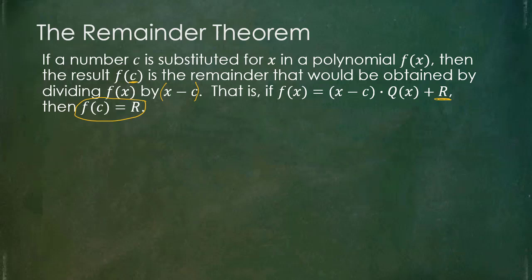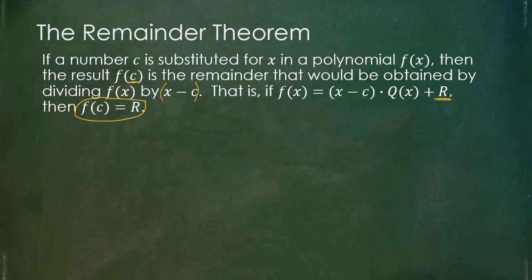Now when it's a large number getting plugged into something that has a very large power, oftentimes the numbers start growing and you'd have to use a calculator anyway, so it kind of defeats the purpose of using synthetic division. But we're going to practice a few, here as well as in your practice, so that hopefully it makes sense how we can still arrive at that final answer in a completely different way than we normally would via calculator.